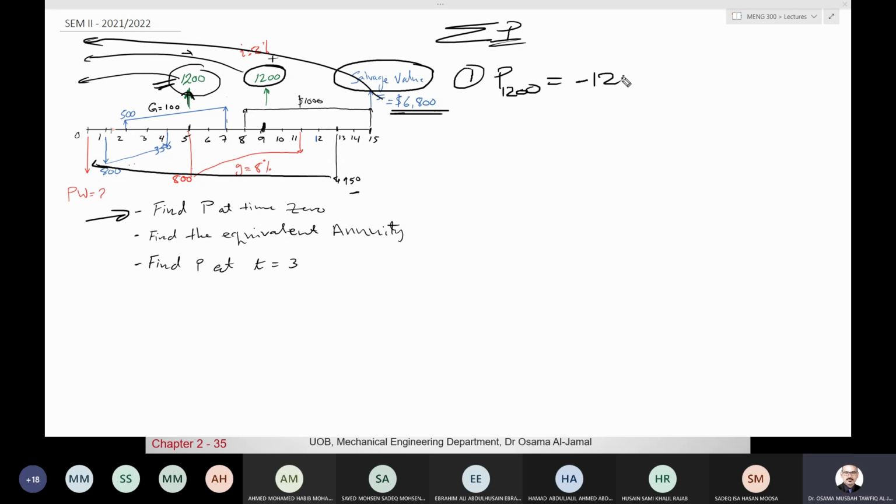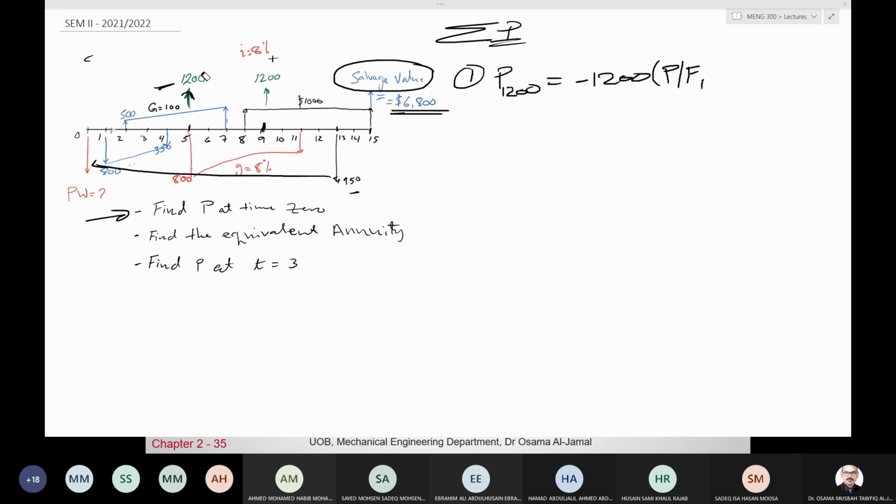So negative 1,200, to find P given F, at i equals 8%.